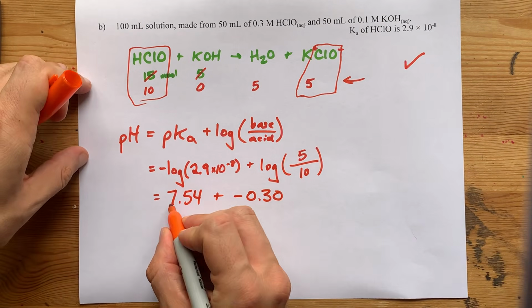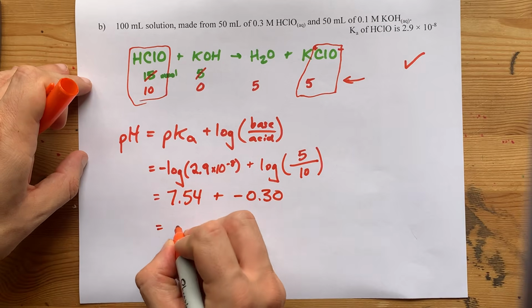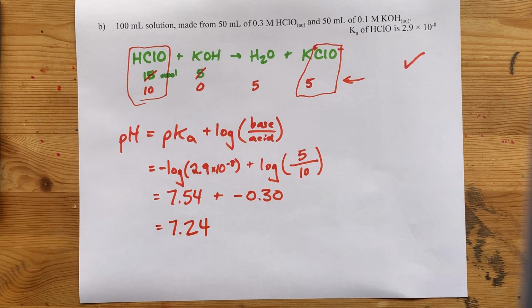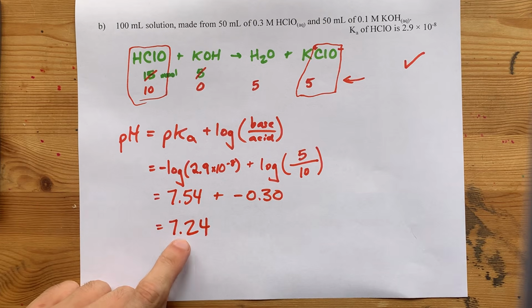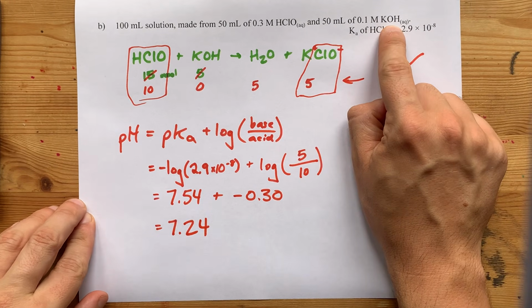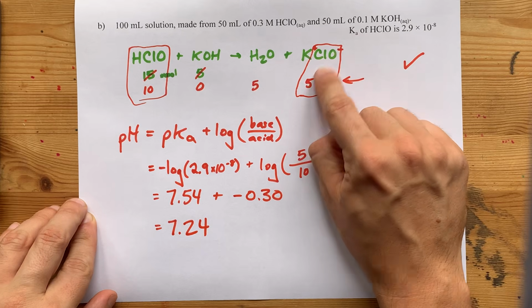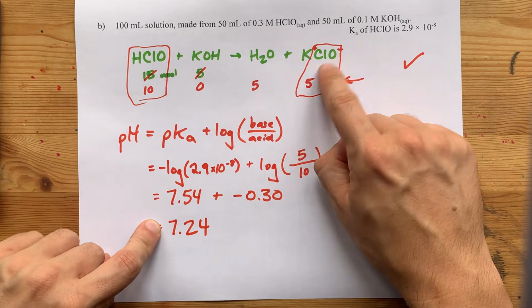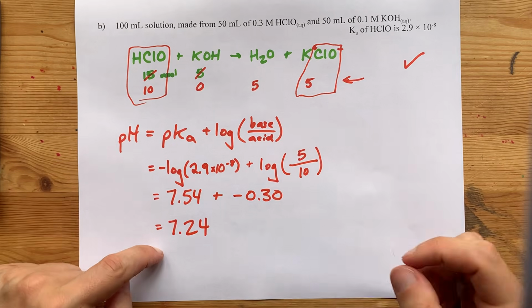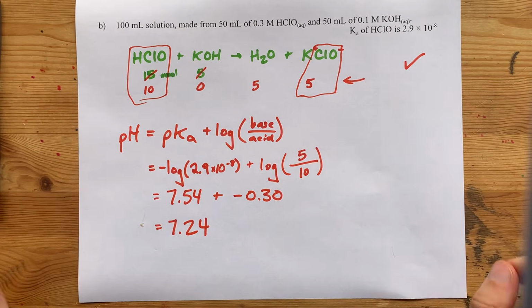When I do 7.54 plus a negative, I get 7.24. The pH of this solution is slightly basic, more than 7. I guess we've added enough strong acid to make enough conjugate base that it plays a stronger role on pH than the weak acid does. It's just the way it fell apart here.